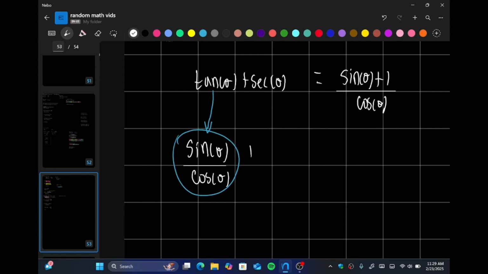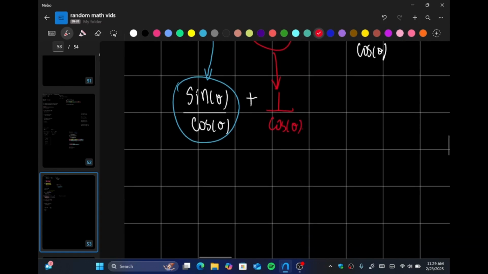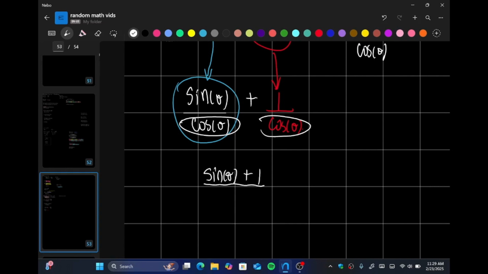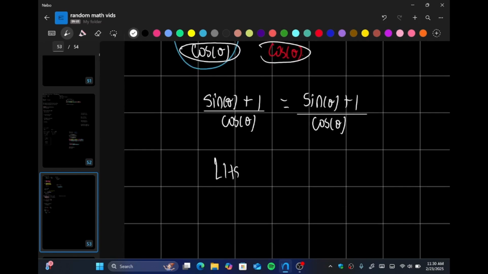And then plus this part is 1 over cosine theta. So you can kind of see that they go together because they both have cosines, so it's going to be sine theta plus 1 all over cosine theta is equal to sine theta plus 1 all over cosine theta. And so therefore left hand side is equal to right hand side. So we've verified this trigonometric identity.